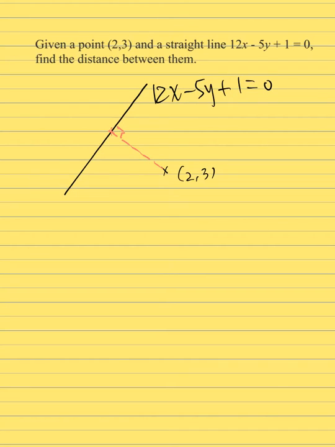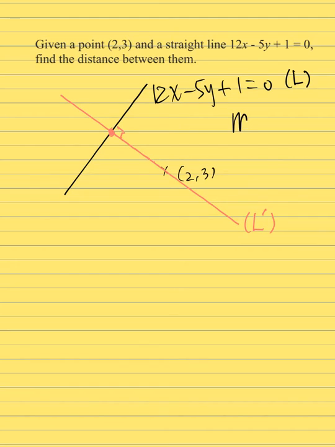Just as before, to find the distance, what we need to do is to find the point here, which is the intersecting point of the line 12x minus 5y plus 1 equals 0 and the line here. Let's call the original line L and its perpendicular line L prime.